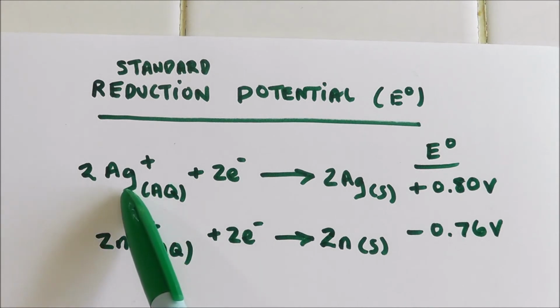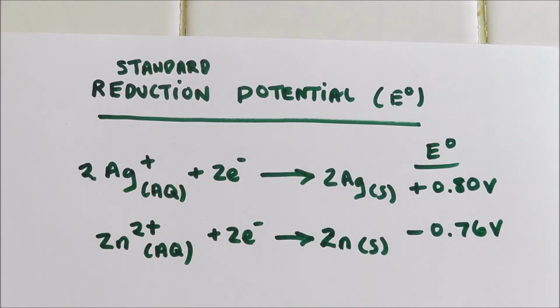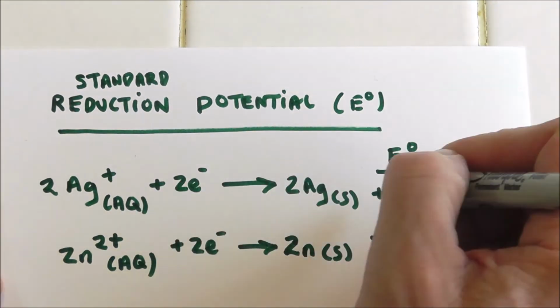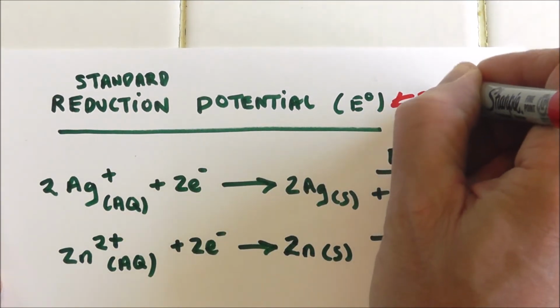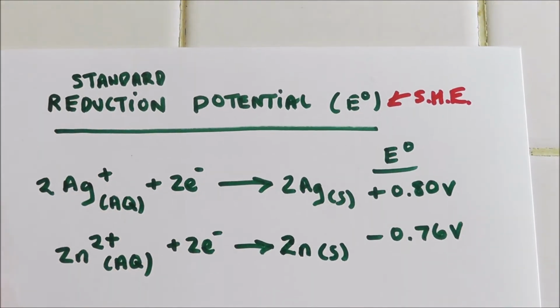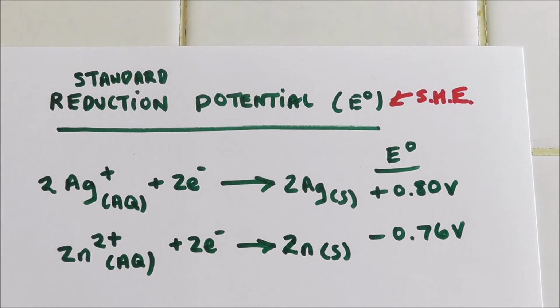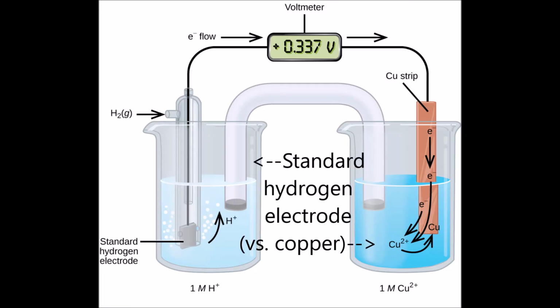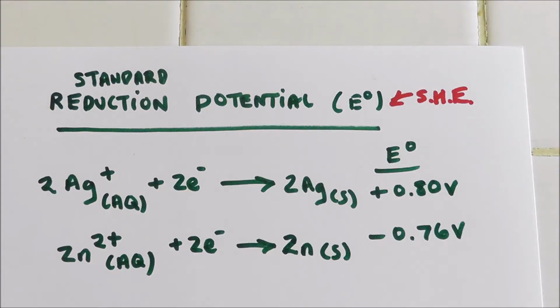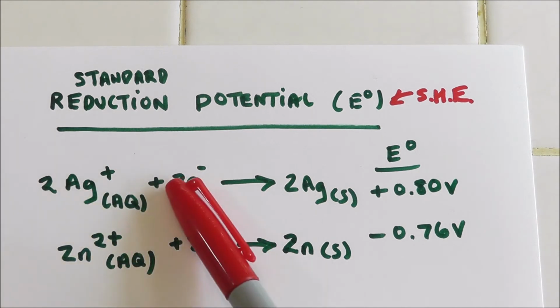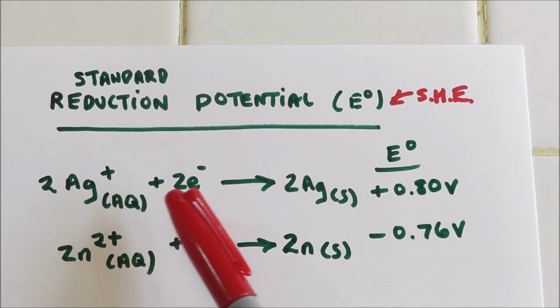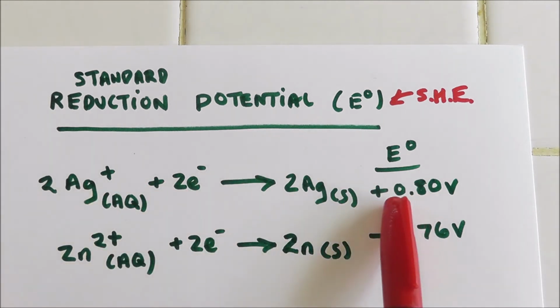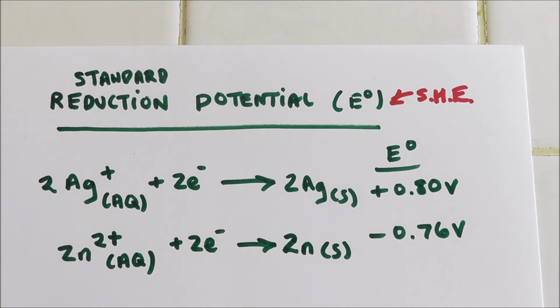If I made a battery of silver versus what we call the standard hydrogen electrode, and that is actually a very cumbersome electrode made of acid, H+ ion, 1 mole per liter of that, and then 1 atmosphere of hydrogen, and you paired it with that same compartment we were talking about in the last battery, the electrons would flow from the hydrogen to the silver, and you'd get a potential of 0.8 volts.